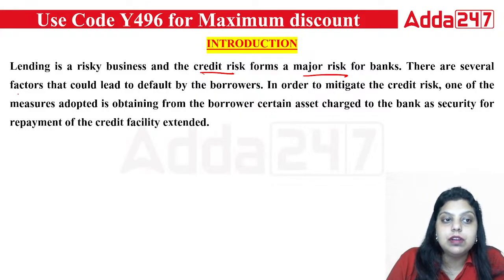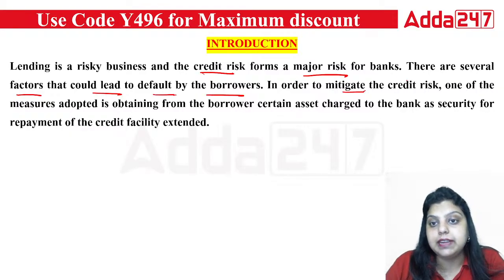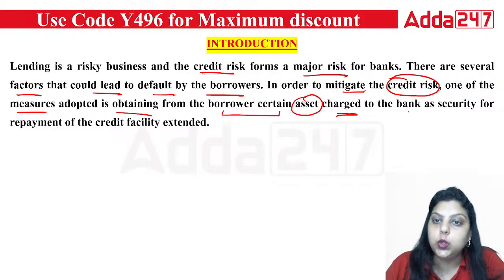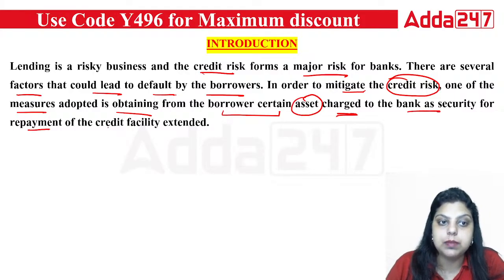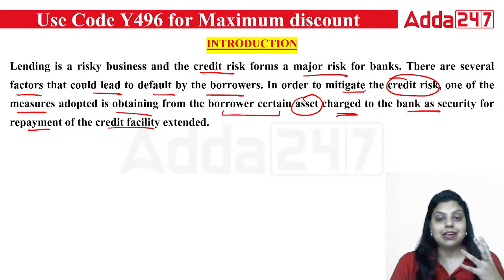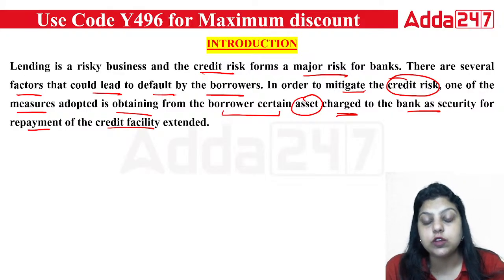There are several factors that could lead to default by the borrower. In order to mitigate such default risk or credit risk, one of the measures adopted is obtaining from the borrower certain assets charged to the bank as security for the repayment of the credit facility extended. This is a kind of risk that can happen with any bank or financial institution providing credit facility to the customer.